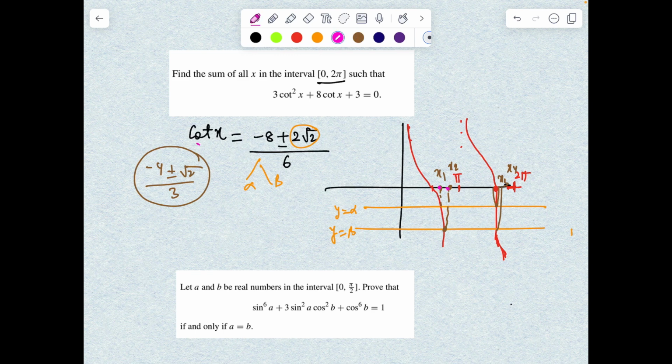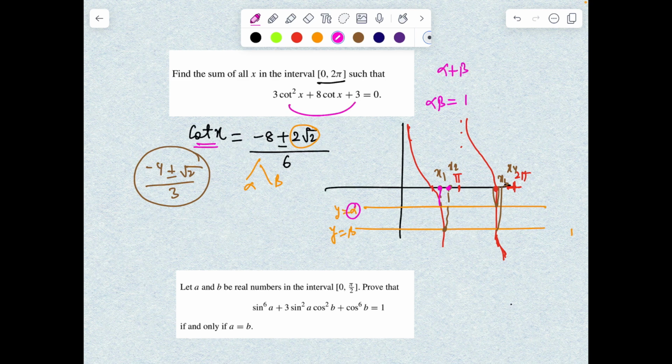We already know the product of roots. Say if we have x1 and x2, so cot x1 is going to be alpha and cot x2 is going to be beta. Now from the equation, the product of roots alpha into beta is 1/3, right?